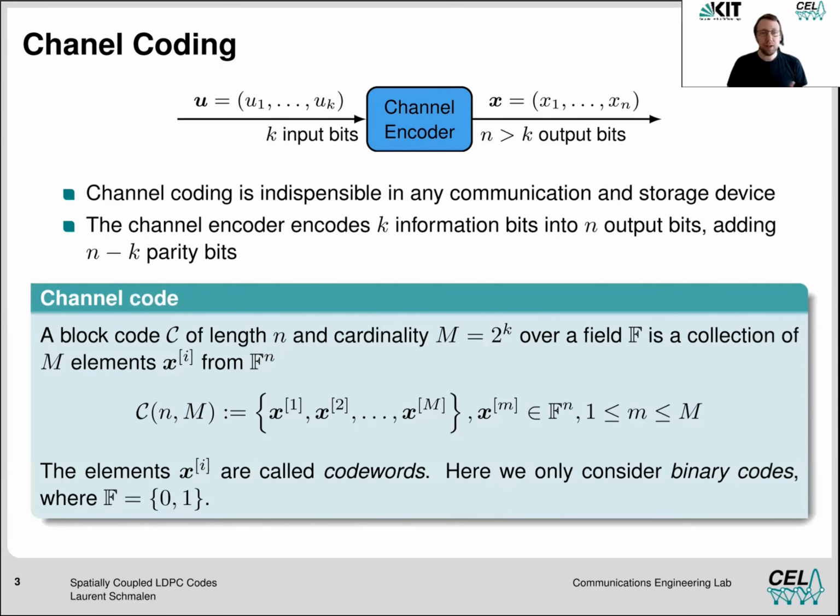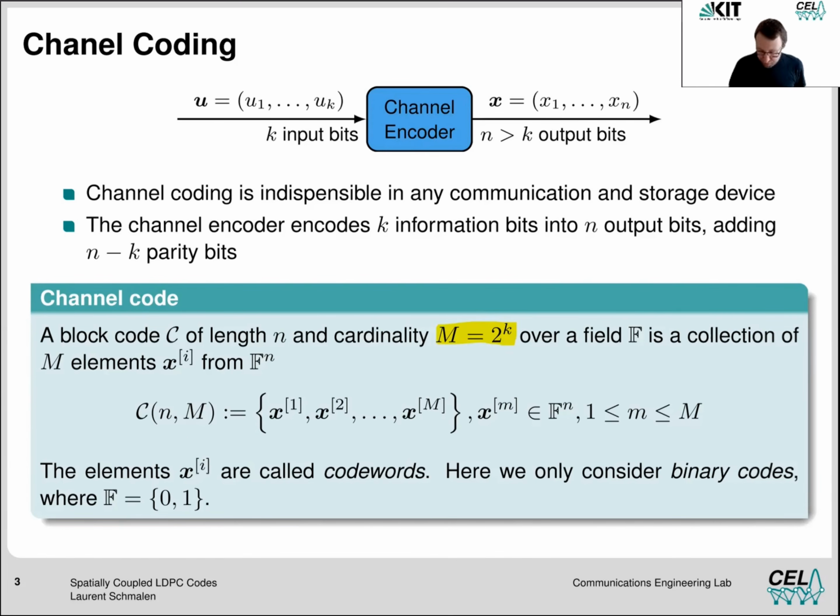And the formal definition is that the channel encoder essentially takes these k input bits and uses them to map or to generate one out of 2 power k possible output vectors. And these output vectors belong to a code. A block code essentially is nothing else than a collection of 2 power k, or as we call it, m vectors.